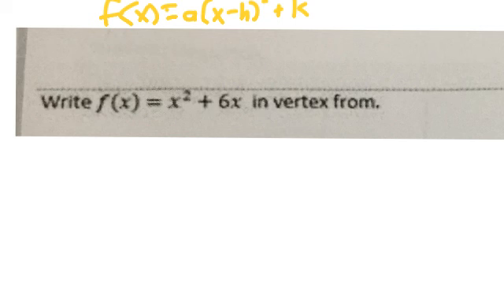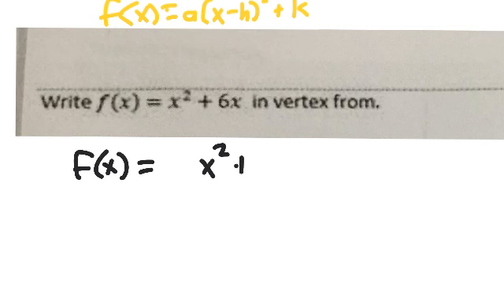So what we do is we take the b term here, which is 6. We half that number. Half of 6 is 3, and then we square that number. That gives us 9. So I could rewrite this as f of x equals x squared plus 6x plus 9.